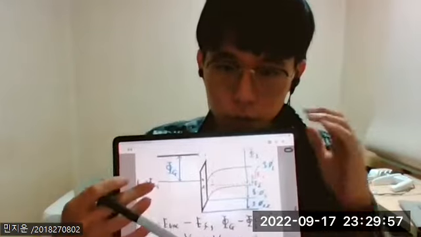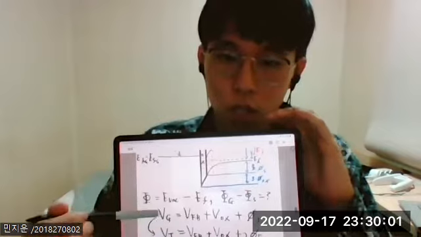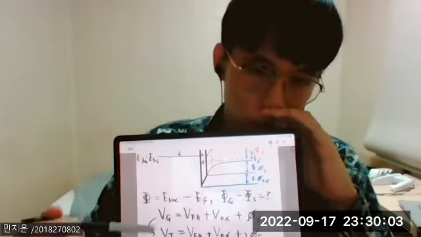And using these parameters, we can get the gate voltage and threshold voltage.